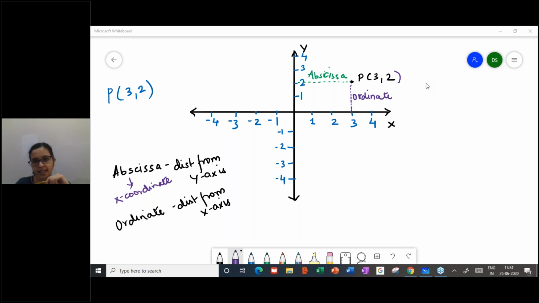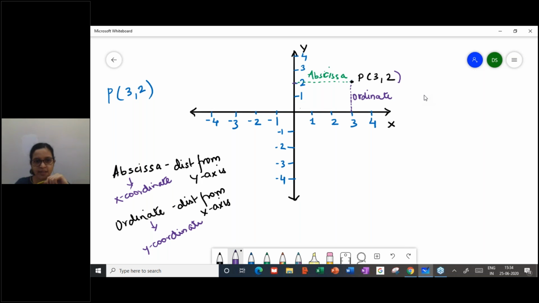So if you see closely, it's nothing but 2 units, right? 2 units, okay? Also, if you look closely at the point (3, 2), the 2 here is basically the y coordinate of this point. So I can say ordinate is nothing but the y coordinate.